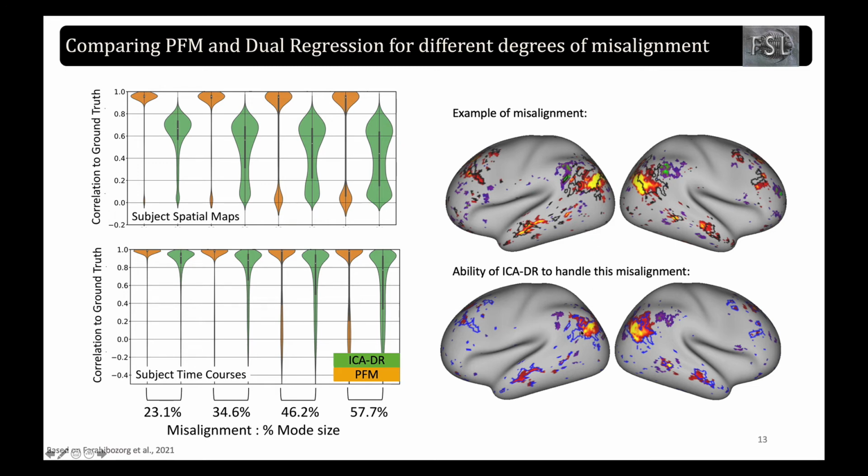So the blue outline is the ground truth of the organization for this network, and now the colored map here is the result that we get from ICA dual regression if we drive it by this network here. So you can see it's not perfect, there are some areas where it spills out a little bit, but overall this shift that we've seen here has been completely recovered, and you can see that the ICA results are doing really quite well in terms of capturing this misalignment.